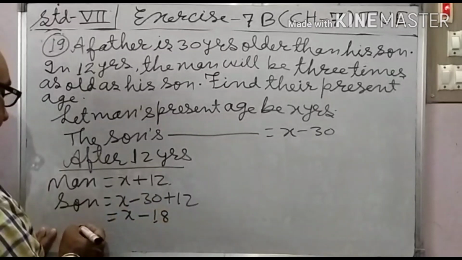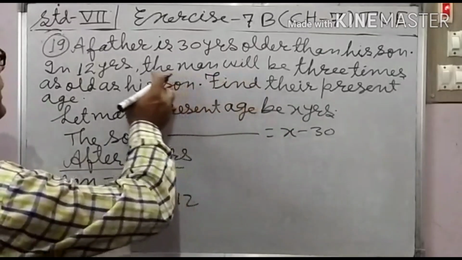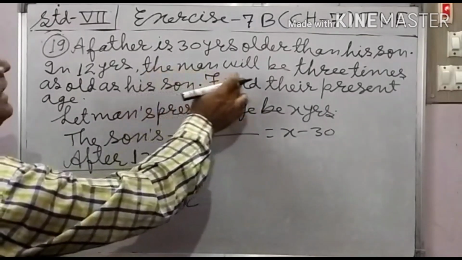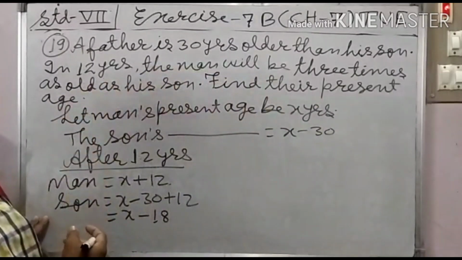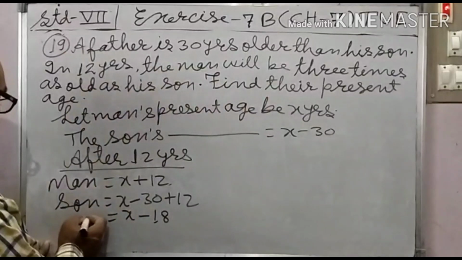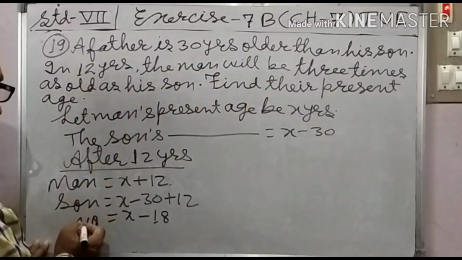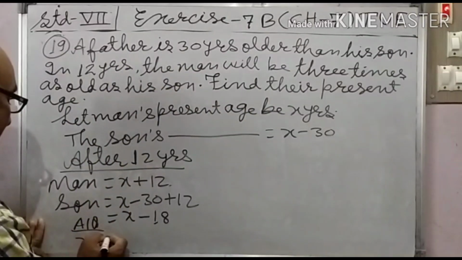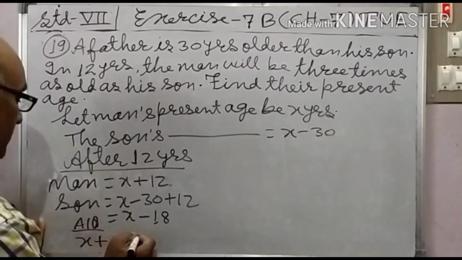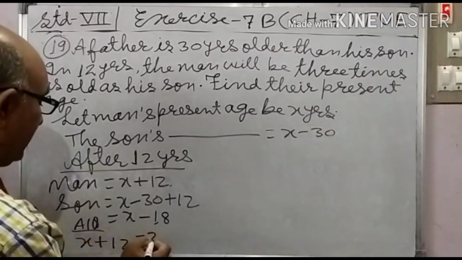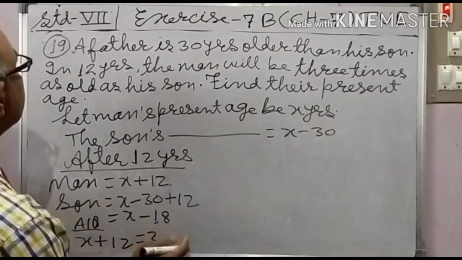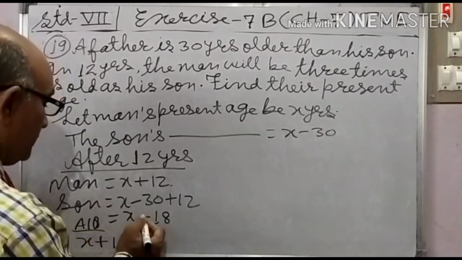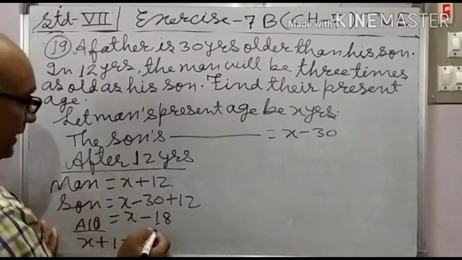According to the question, the man will be 3 times as old as his son. So x plus 12 equals 3 times the son's age, and the son's age is x minus 18.